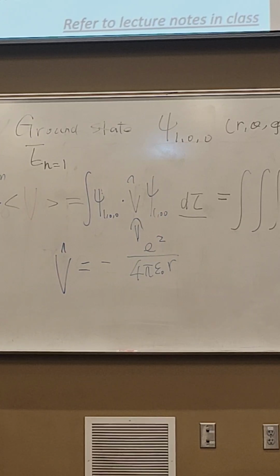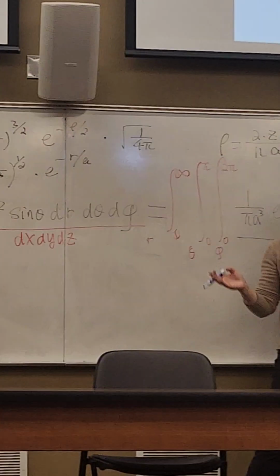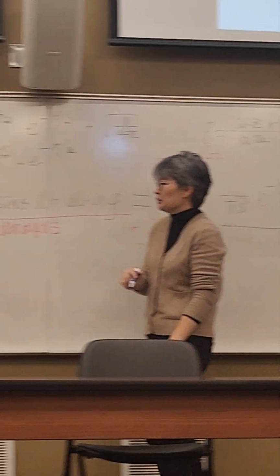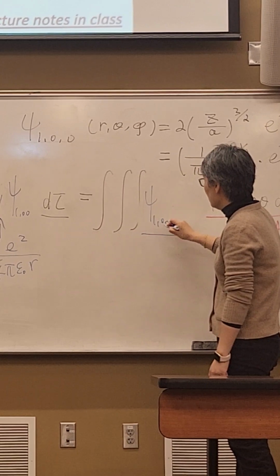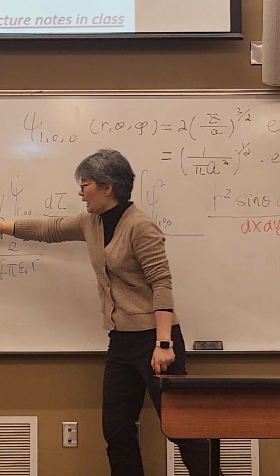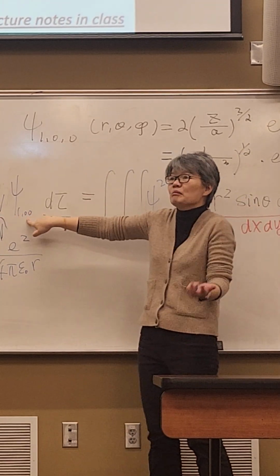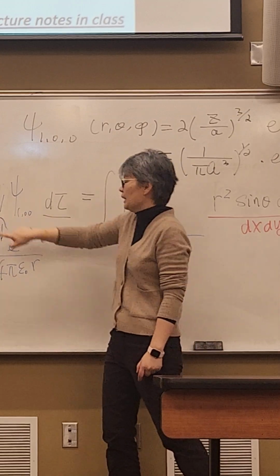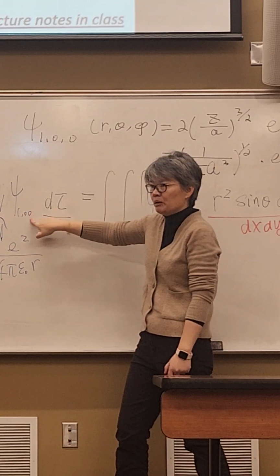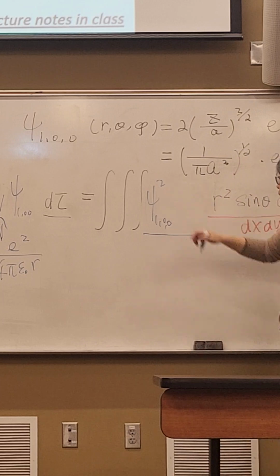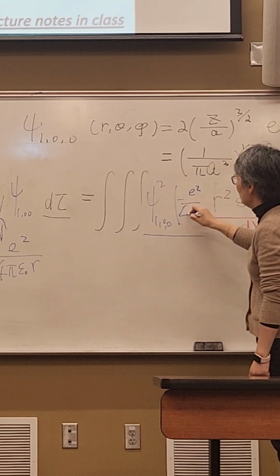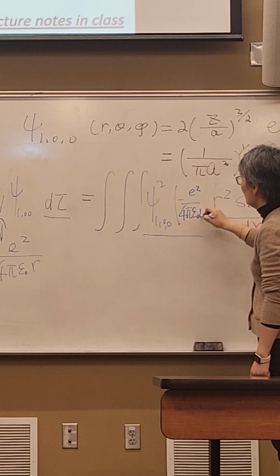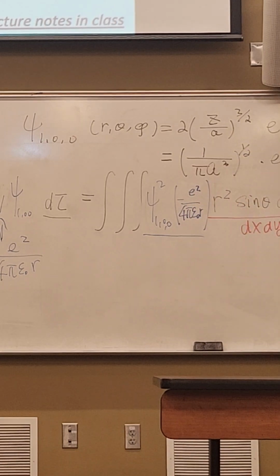But that's not always true if you have a derivative. With multiplication, everything should be easier, so therefore I can combine the terms again. This multiplied by this guy and multiplied by that, and it can combine with the square. Then what is happening here is e squared over 4 pi epsilon r.